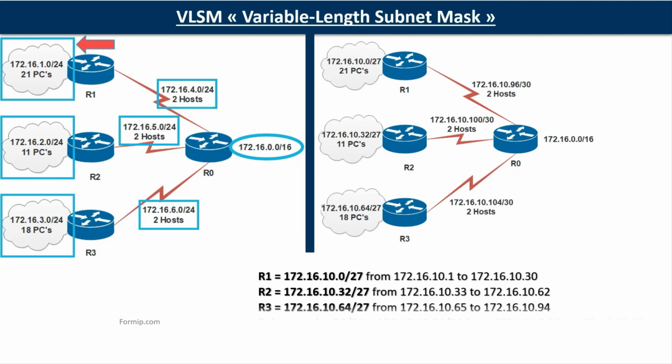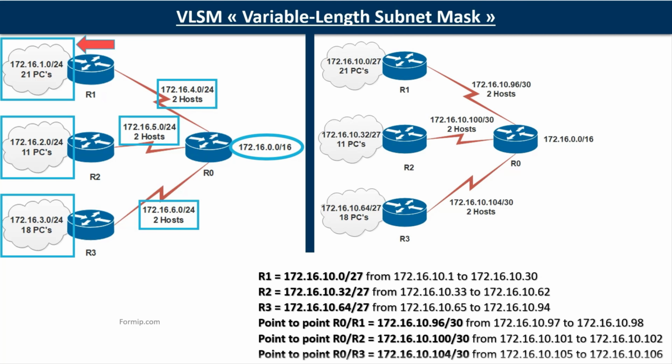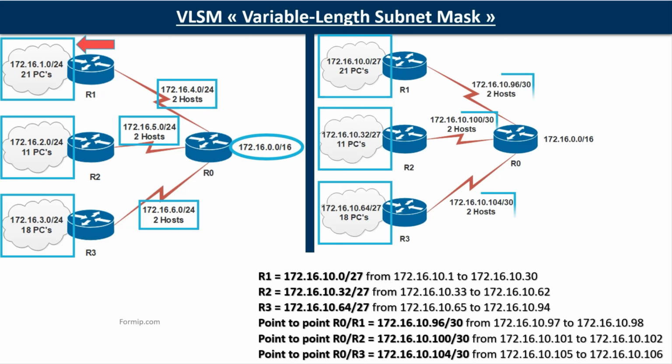And here is our much better, optimized topology. The subnetwork that has less than 30 hosts has been subnetted to /27, and point-to-point links now have a mask /30. In addition to providing a solution to the problem of wasted IP addresses, VLSM has another equally important benefit.